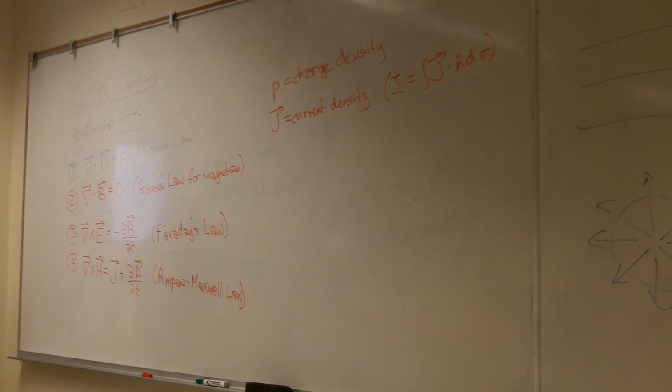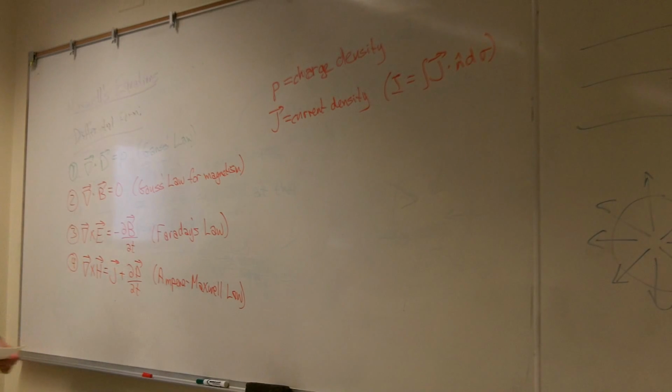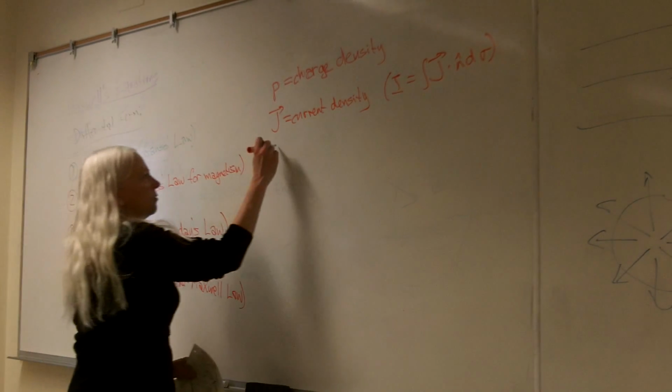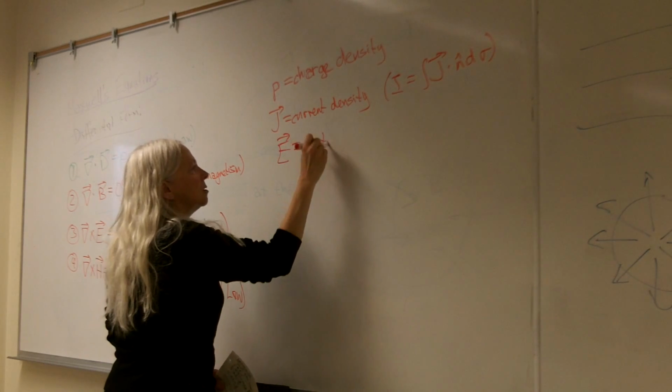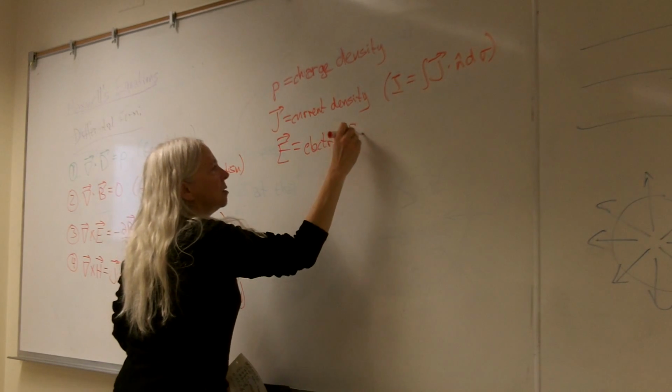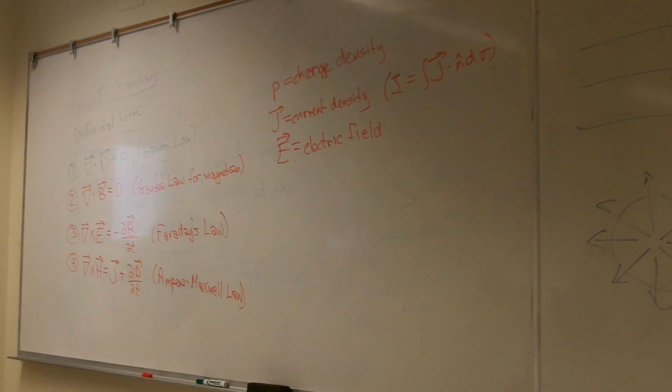So the current, in other words, is the flux of the current density. So anyway, E is the electric field, of course. And that's a vector field, right? It has a particular magnitude and a direction at each point in space. So think about a vector sitting at any point in space.